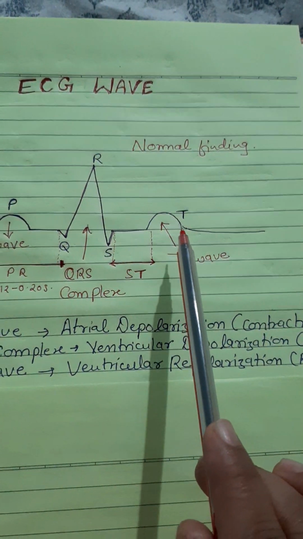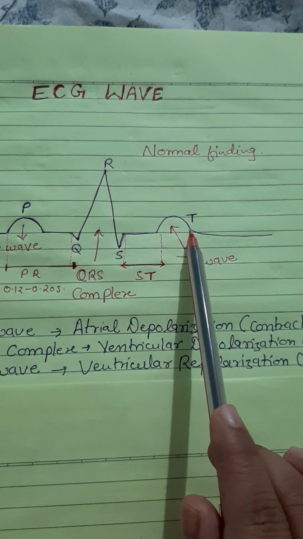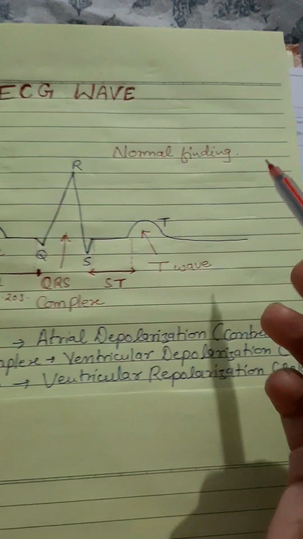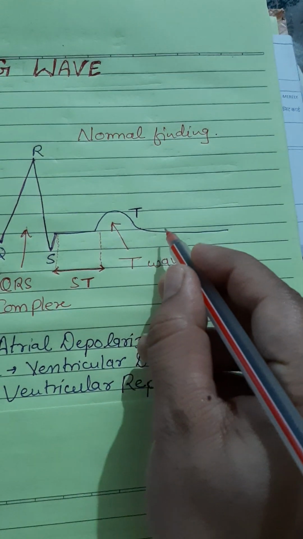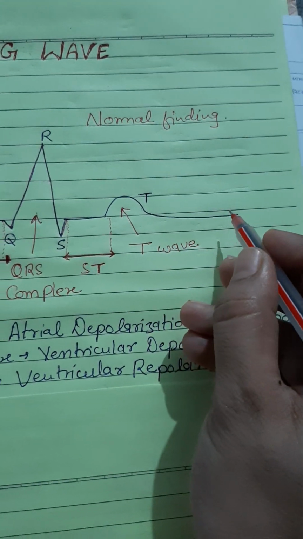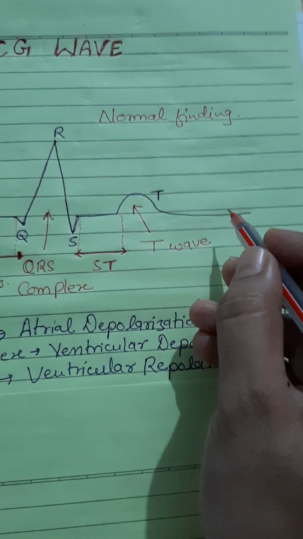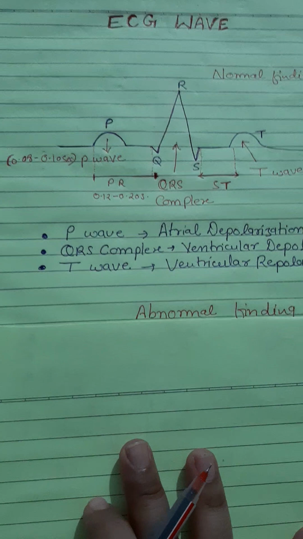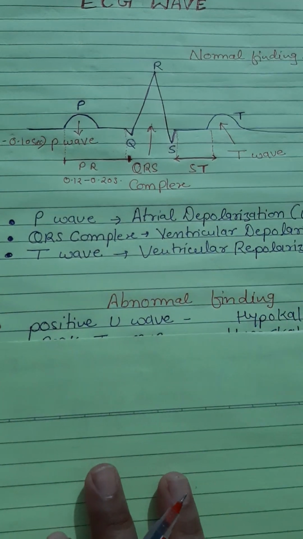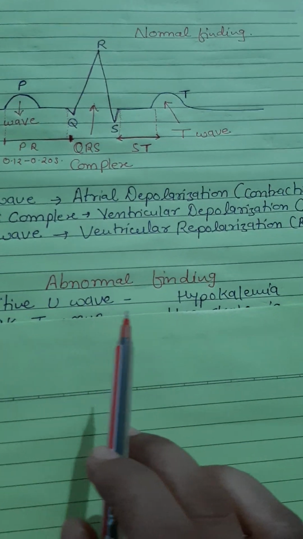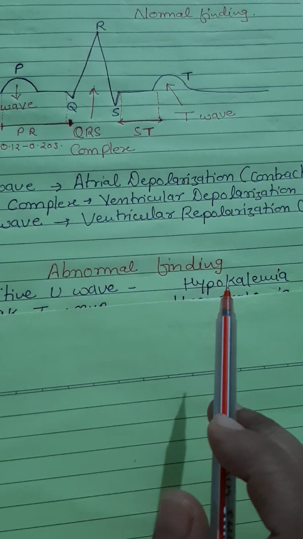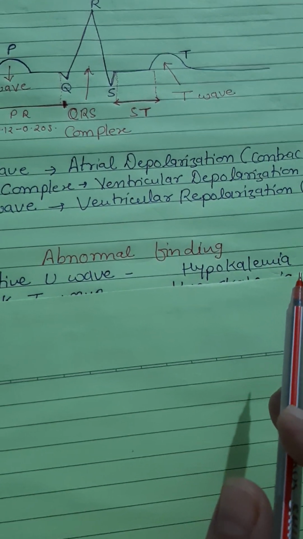If you find another wave after the T wave finishes, like this, that indicates the presence of a U wave. So if you find another wave after the T wave, like a positive U wave, we will consider it hypokalemia.